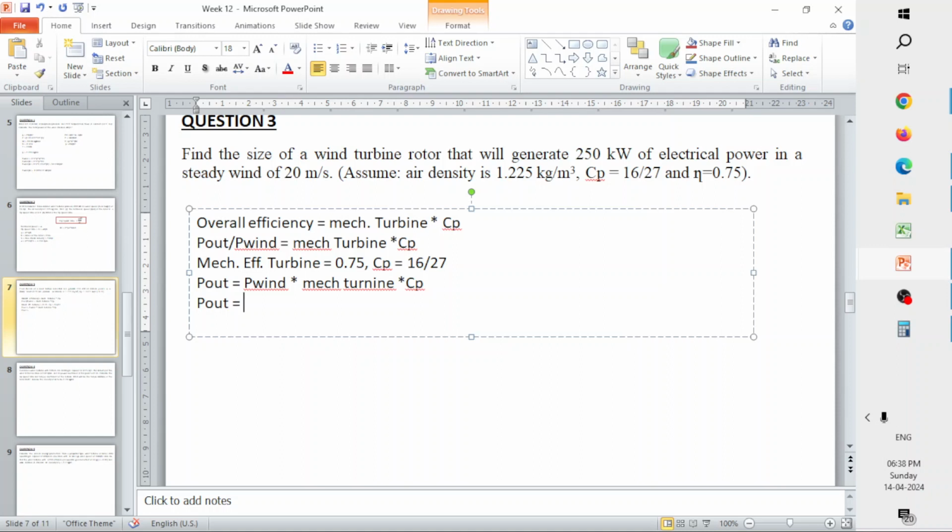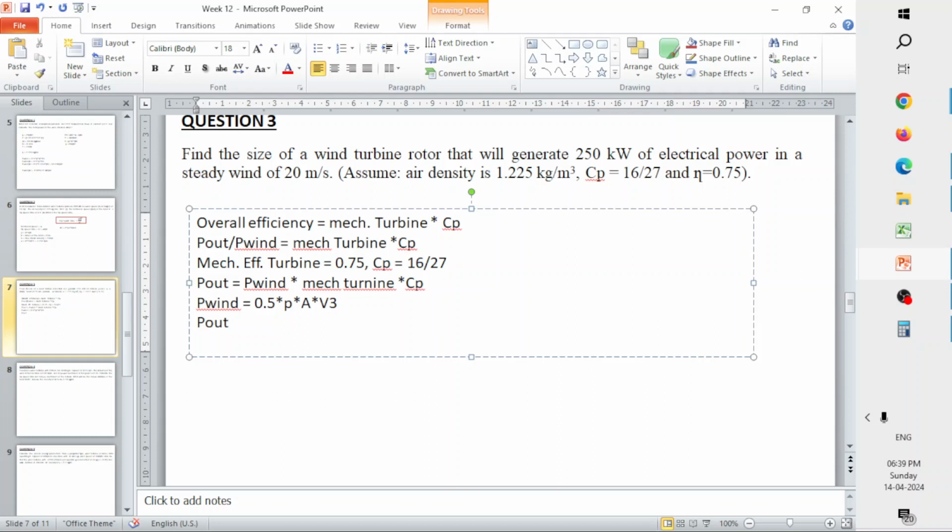P wind is usually expressed as 0.5 times rho times A times V cube. So you're just asked to substitute all those things. P out is given as 250 kilowatt, and rho, the density of the air, is taken as 1.225 kg per meter cube.